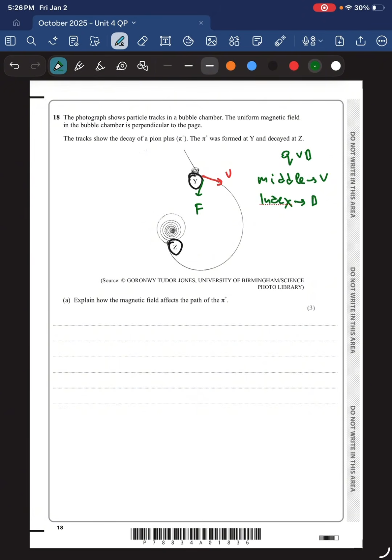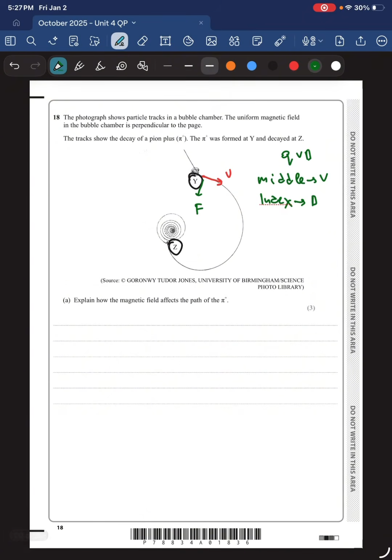With the velocity to the right and the force inwards, let me think. I'm sorry, you cannot see what I'm doing. I'm using my fingers trying to figure out what's going on. If we point our index finger out of the page and place our middle finger along the direction of V, we will see that F is inwards, like shown here.